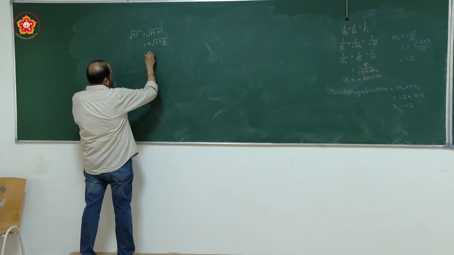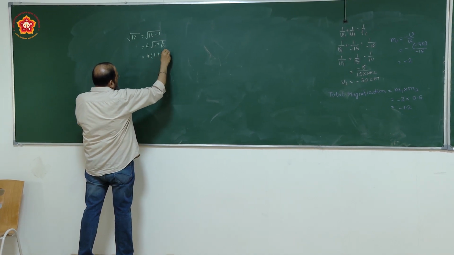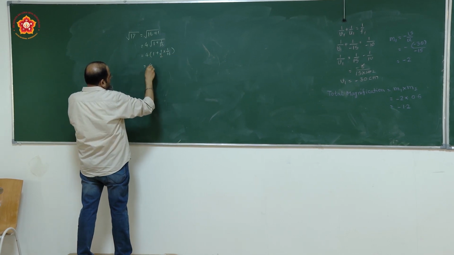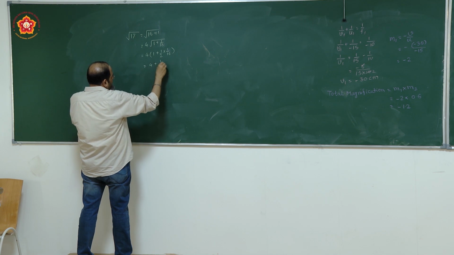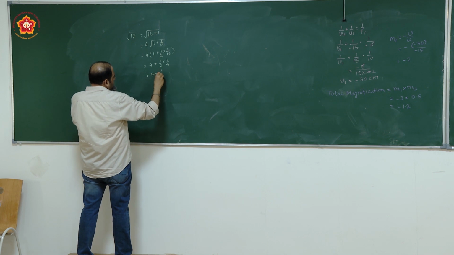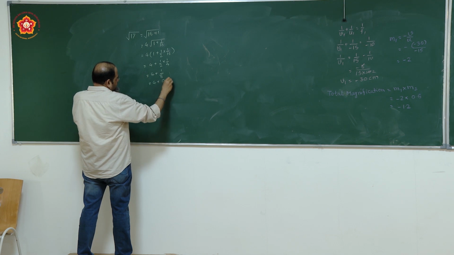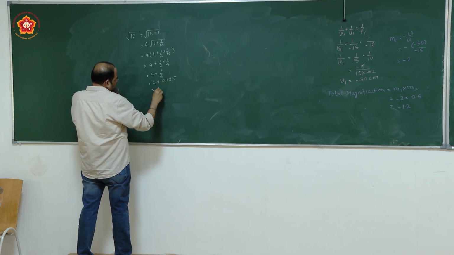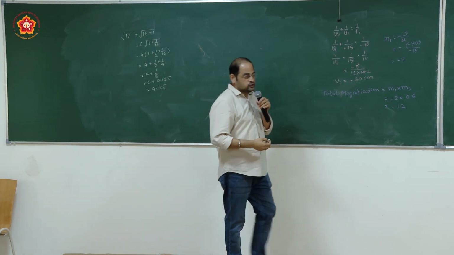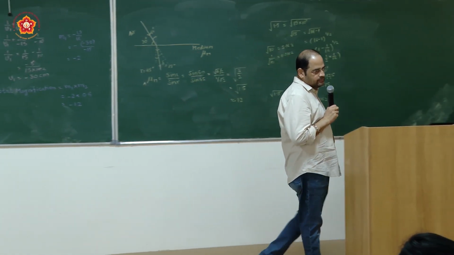This would be written as 4 times the bracket 1 plus 1 by 2 multiplied by 1 by 16. Take 4 inside, so you will have 4 plus 1 by 2 multiplied by 1 by 4. So it is 4 plus 1 by 8. 1 by 8 is 0.125, so your answer is 4.125. You can check it by squaring 4.125; you will get an answer closer to 17.